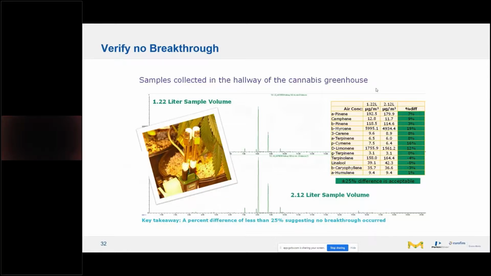If the difference between the different volumes is plus or minus 25%, we know we don't have breakthrough, and these results are excellent. Many of them were basically the same concentrations of the terpenes that we investigated.